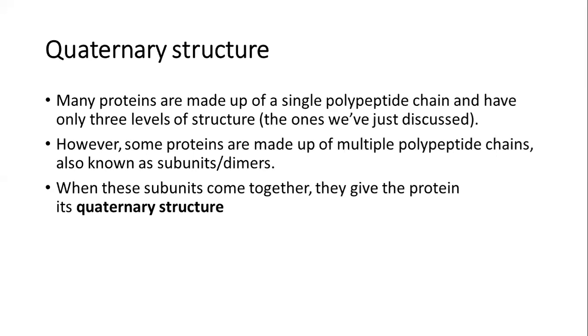Di means two, all right? When you bring an alpha cluster and a beta cluster together, you end up with what we call a subunit or a dimer, okay? Each hemoglobin has 4 chains or 2 dimers or 2 subunits, okay? So when you have 2 subunits or 2 dimers coming together, you end up with a quaternary structure.